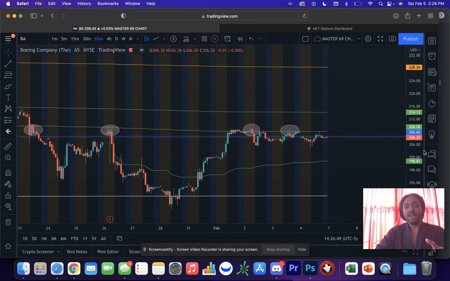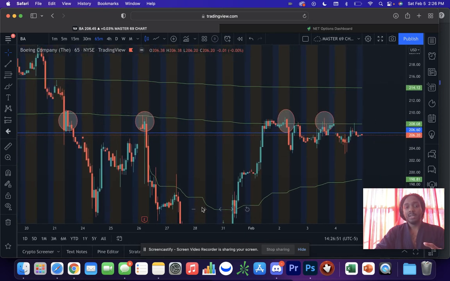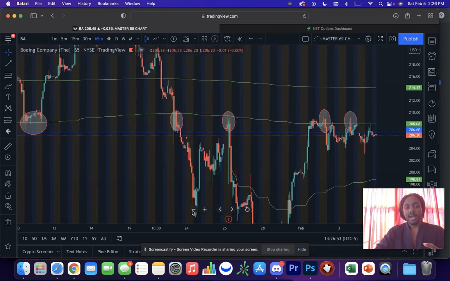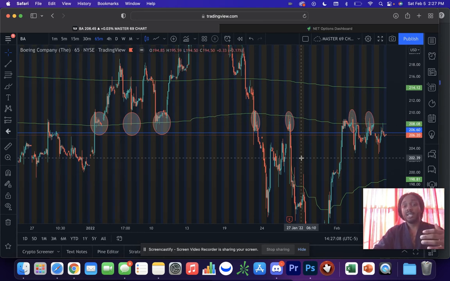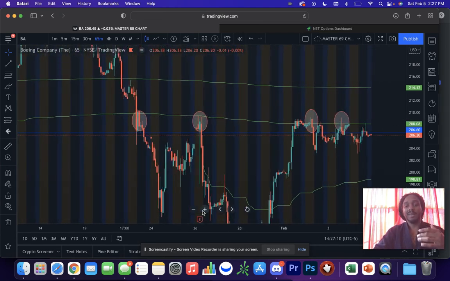We go to the 65-minute time frame and look at those levels and say, okay, I see this clearly has been a key level, at about 208, 209. So then you say, I want to add 50 cents or $1 as my breakout level. So I'm going to say 210. I need this above 210. So what does that mean?